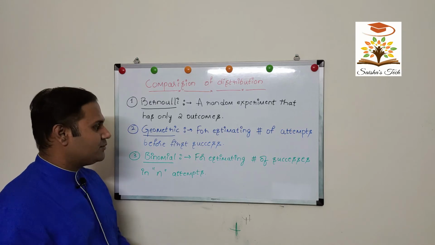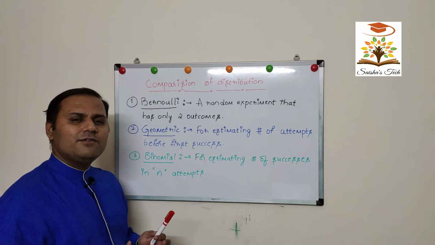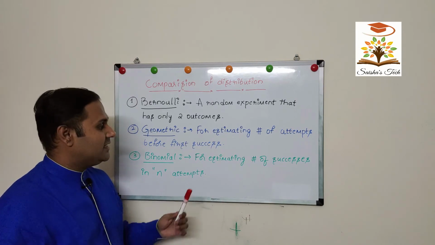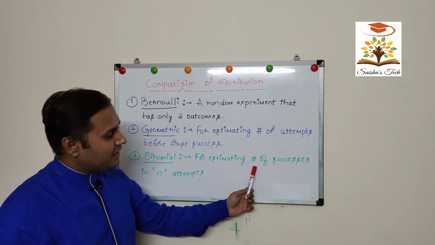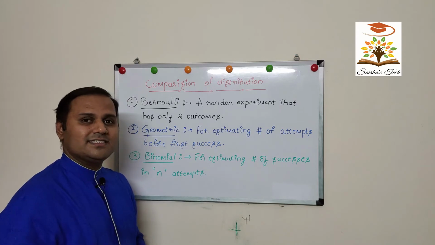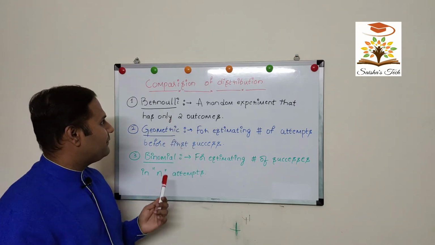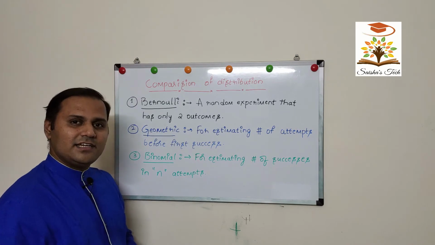And in binomial distribution, we have a fixed number of attempts, that is n attempts, and in those n attempts, we estimate the number of successes. This is how we can differentiate the three distributions.